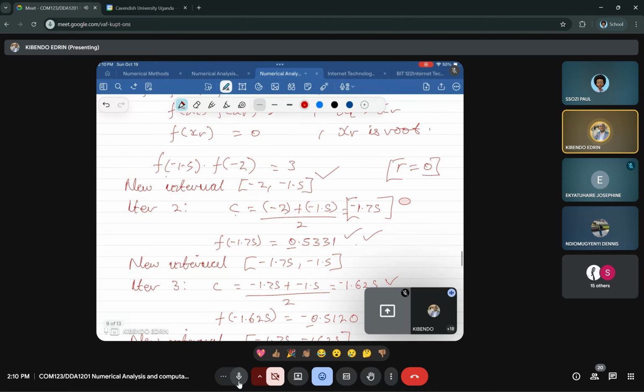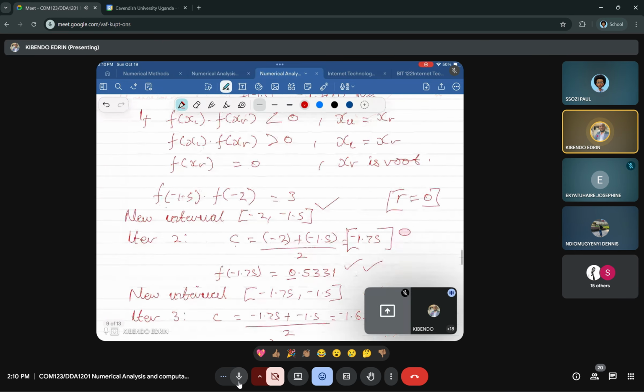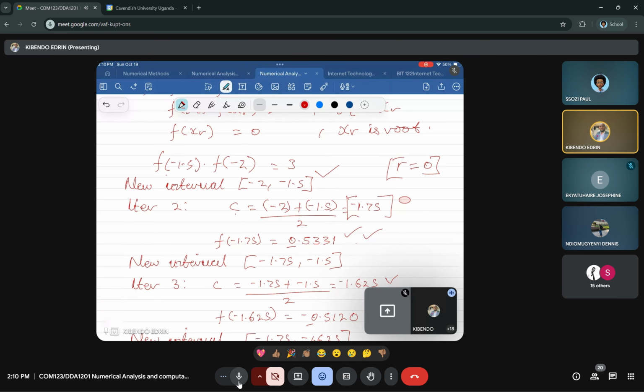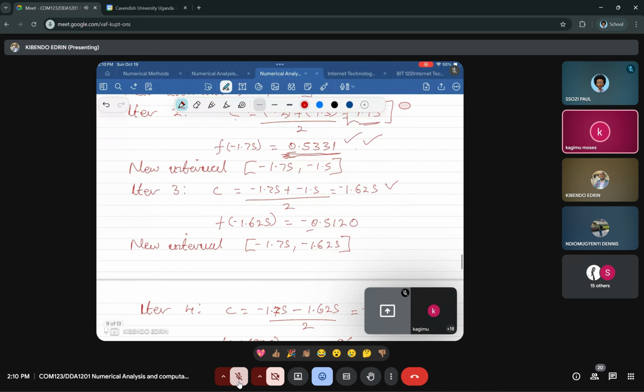And that's why we are settling down to this figure, because its evaluation gave us the closest to a 0. I'm seeing the closest is the last one we evaluated.